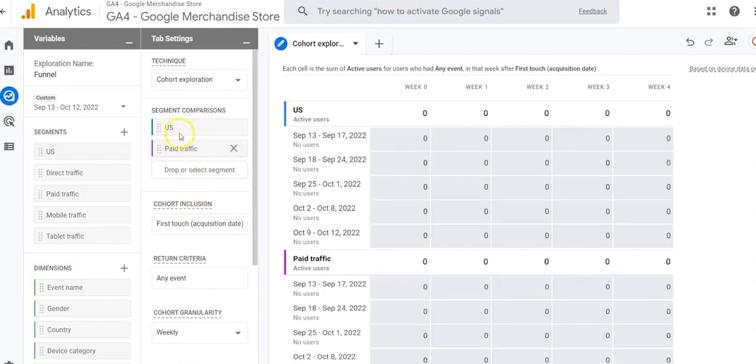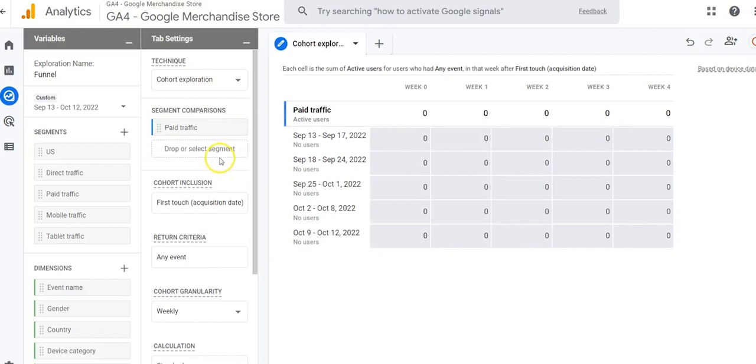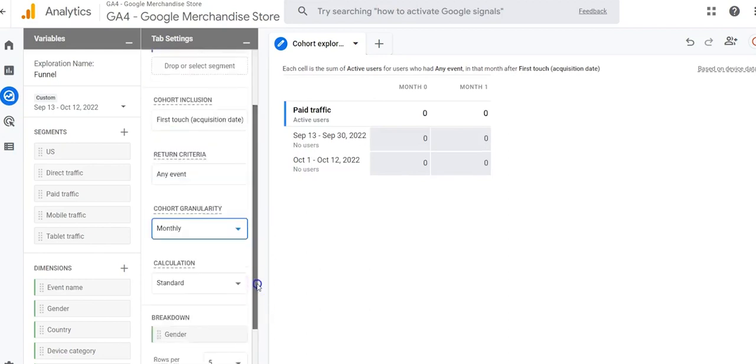Don't hesitate to try different segment comparisons. And if it doesn't return any data, that doesn't necessarily mean you did anything wrong. It just means there may not be information that tells you about active users based on what they're doing.